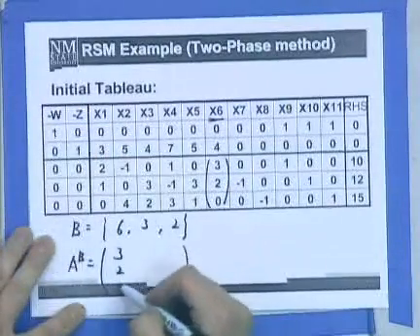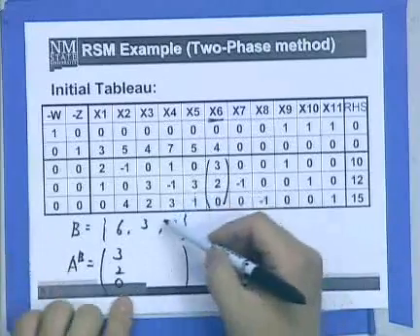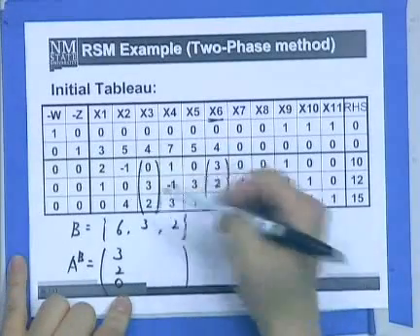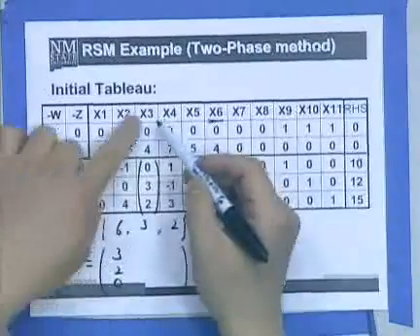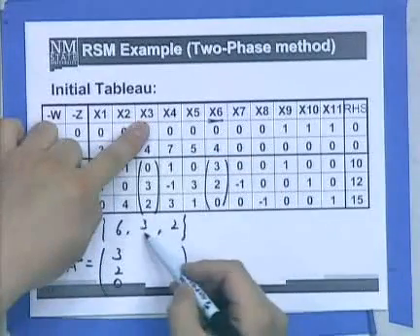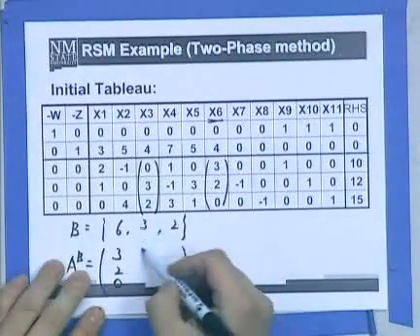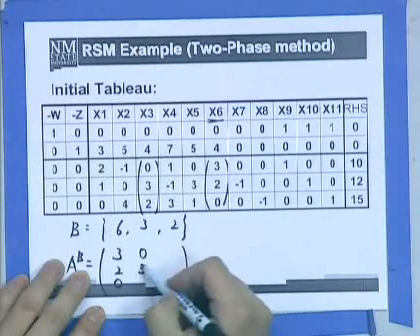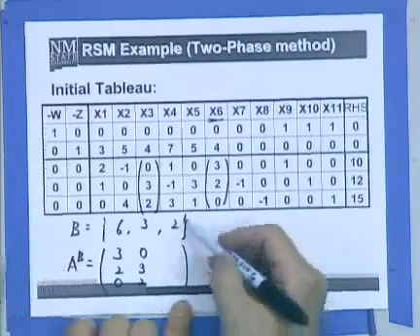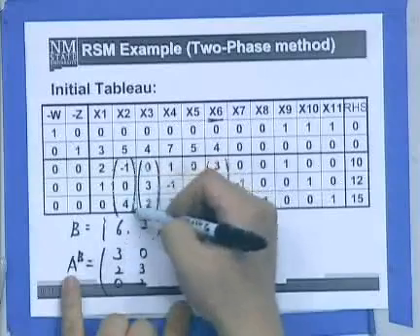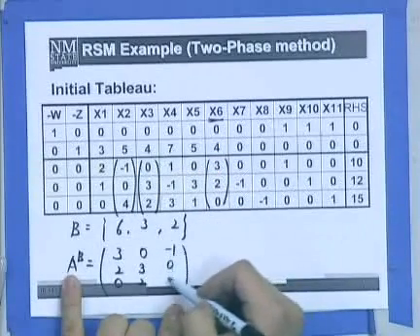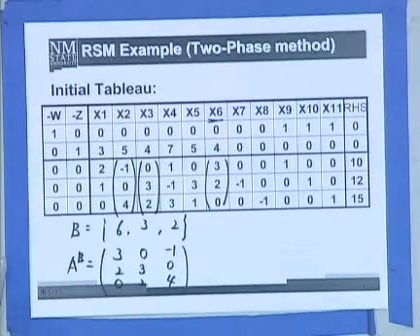So 3, 2, 0. The second column is the constraint coefficients relative to the second basic variable, x3, right? So 0, 3, 2. Likewise, the last column becomes negative 1, 0, 4. Okay?